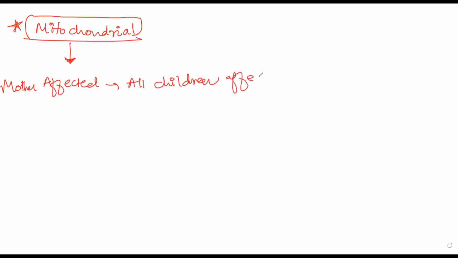Because if you remember, during reproduction, when there is fusion of the gametes, the mitochondria comes from the mother only. So if the mother has a defect in her mitochondria, obviously all her progeny is going to have this problem. Okay, so this is very easy to identify.